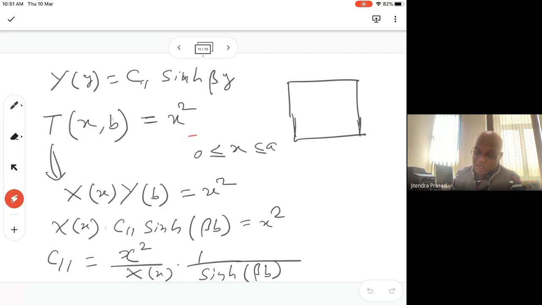We get beta c1, and that we want to be. So c11 we get sine h beta x square.